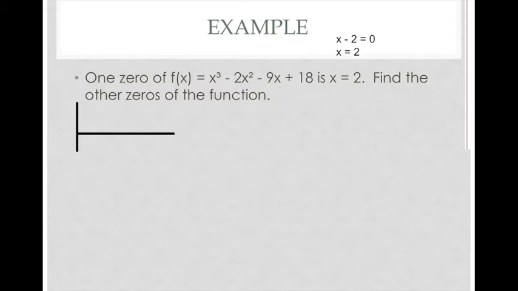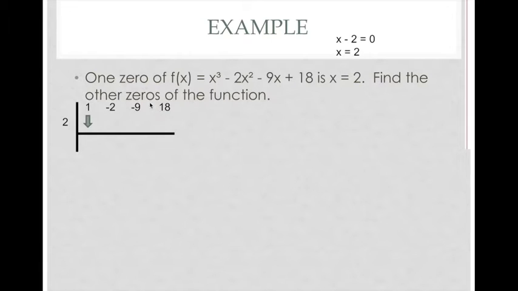So we already know that one of my x's is 2. So this means that one of my factors is x minus 2 equals 0. So 2 will go on the outside of my synthetic division box. Then I need to make sure I represent each coefficient. So I'll have 1, negative 2, negative 9, and 18.